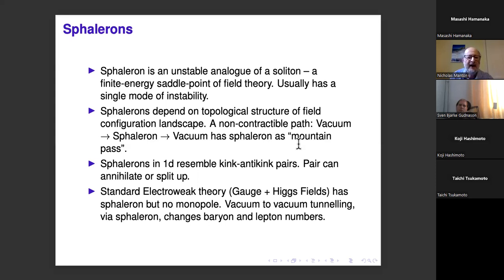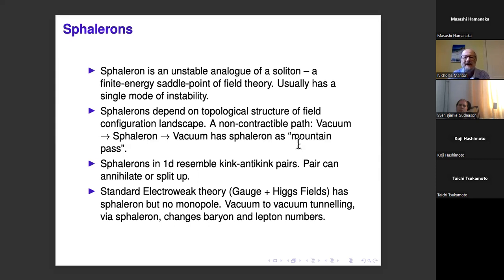The best known Sphaleron, which I worked on long ago with Franz Klinkhammer, is the Sphaleron in the standard electroweak theory, which has gauge and Higgs fields. We were motivated by the fact that it was known that the standard model has no monopoles, even though several of us were interested in monopoles. So I was wondering, are there any other kinds of solutions that are not monopoles, but are still static solutions?